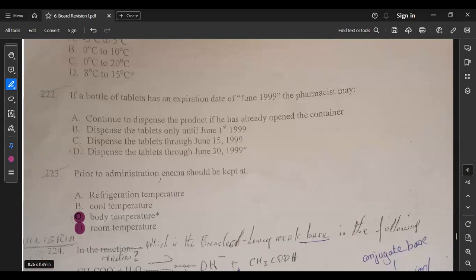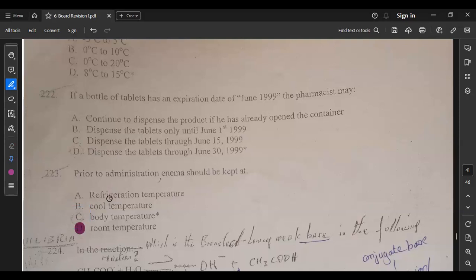Kindly explain why it's room temperature. Enemas, or rather suppositories, are manufactured to melt at body temperature. So if prior to administration you put it at body temperature, it will melt before it gets to be administered.